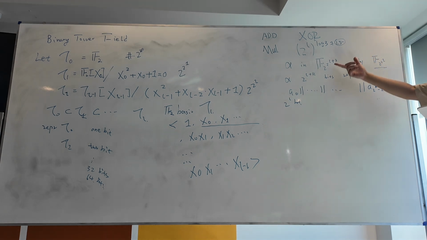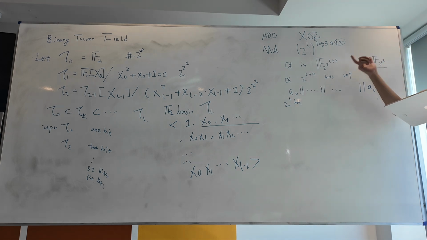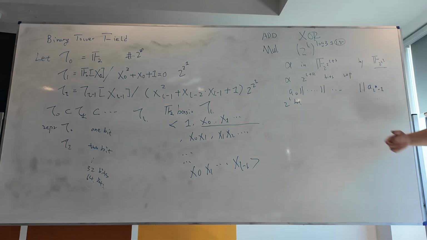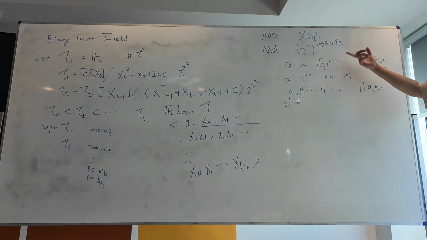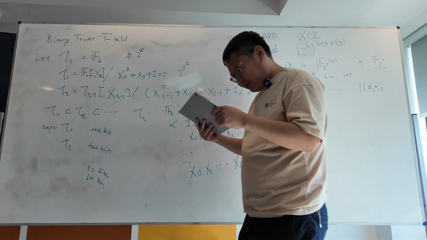Because when the field is bigger, the arithmetic is more efficient, which means you effectively do more when you're in the bigger field.